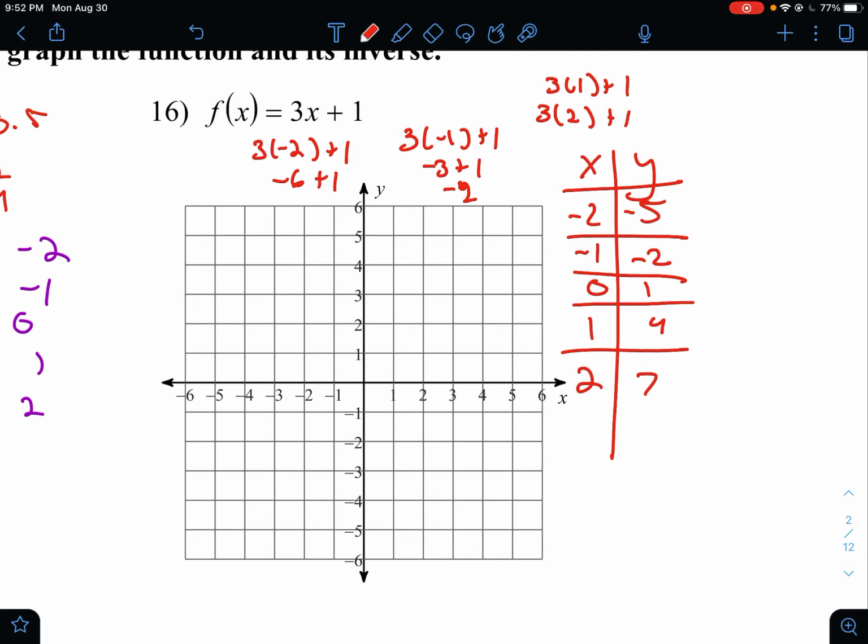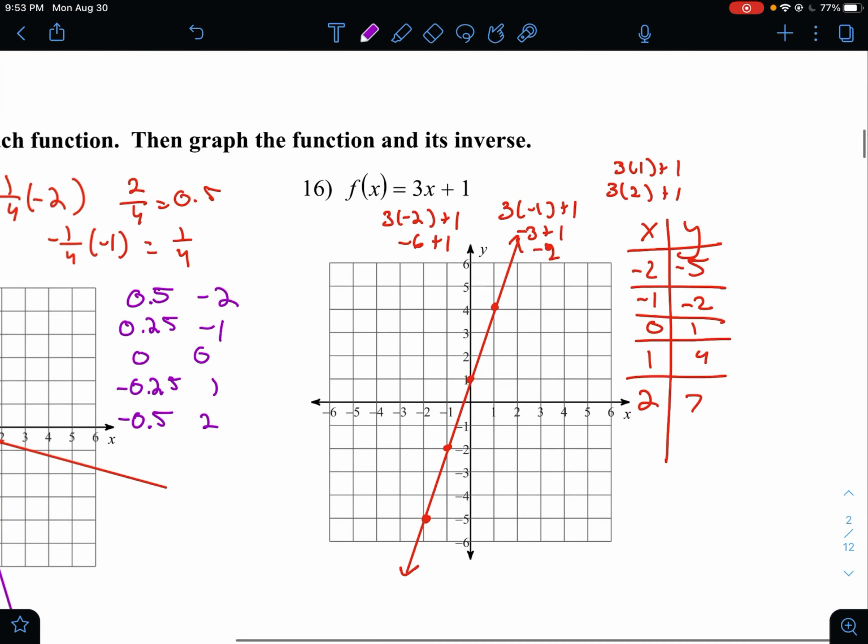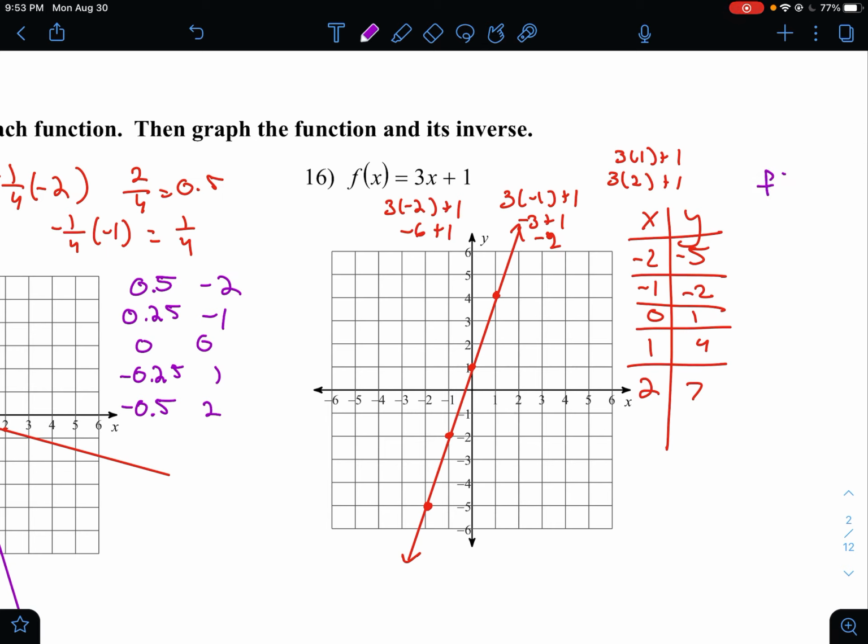All right, so then we'll go ahead and plot the original function. This one's actually off the chart a little bit. No big deal. And we plot that. So this is our original function. Now let's go ahead and plot our inverse. You might want to label this f inverse of x.